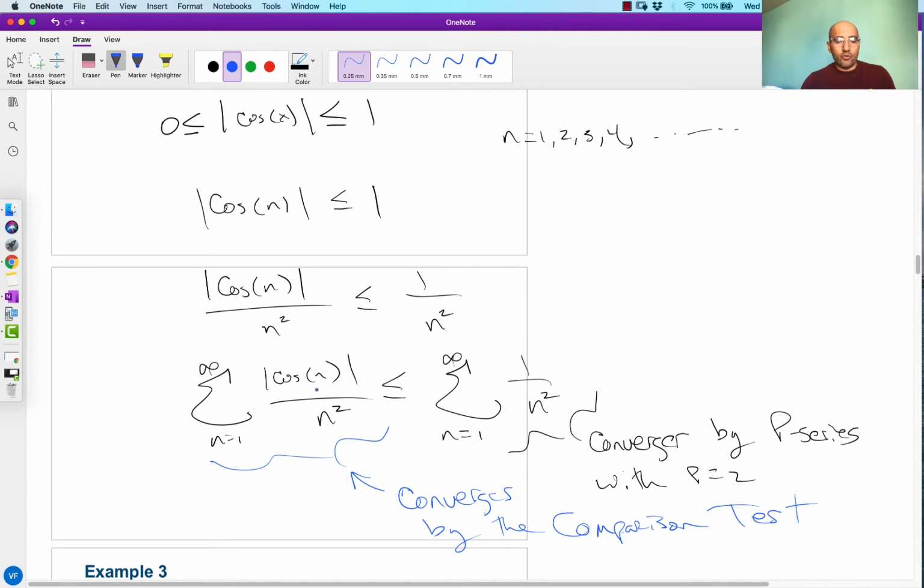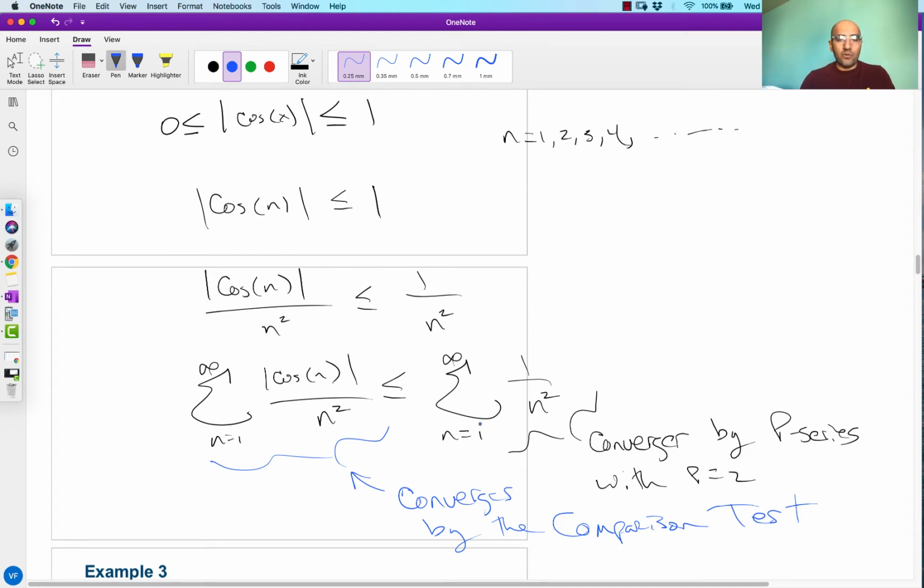Right? Each individual term is positive, so the summation is growing. But we know it's got to be less than or equal to this one, and this one converges by the p-series. Therefore, by the comparison test, we've established that this must converge.